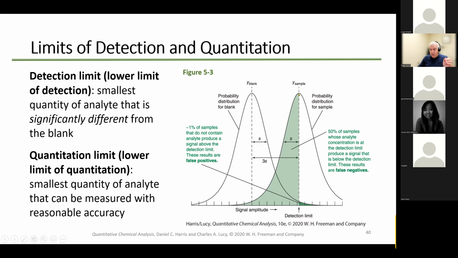So in that case, we're going to report the concentration that we measure. But if it's less than 3 standard deviations from the blank, we're going to say we did not detect anything outside of 3 sigma from the blank.